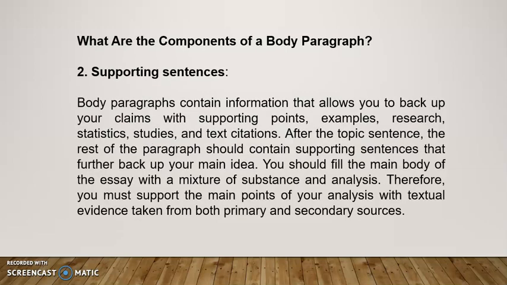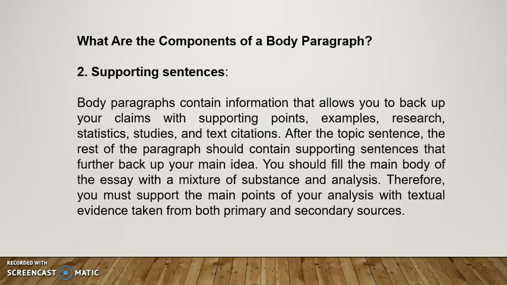The second component of a body paragraph is the supporting sentences. Body paragraphs contain information that allows you to back up your claims with supporting points, examples, research, statistics, studies, and text citations.